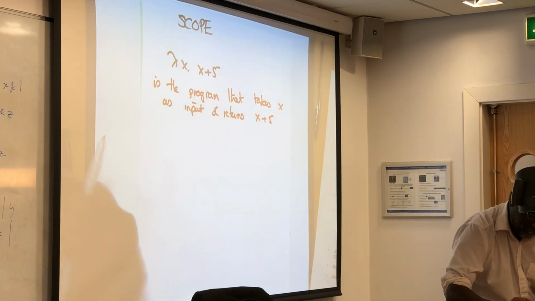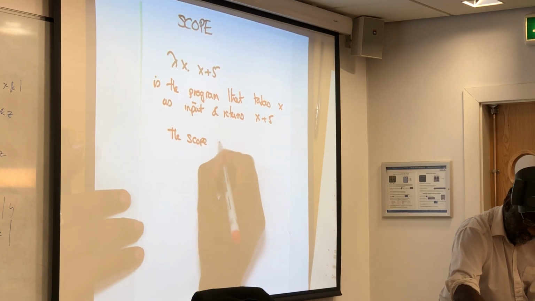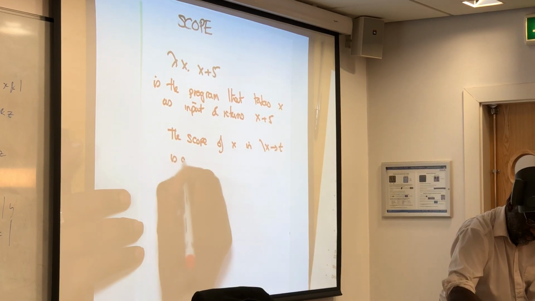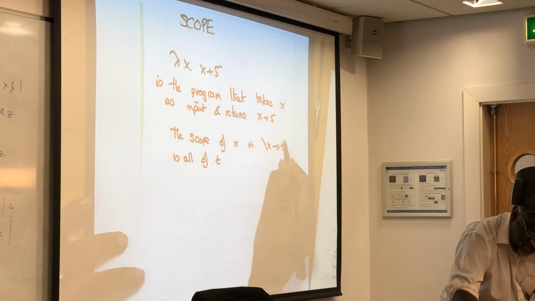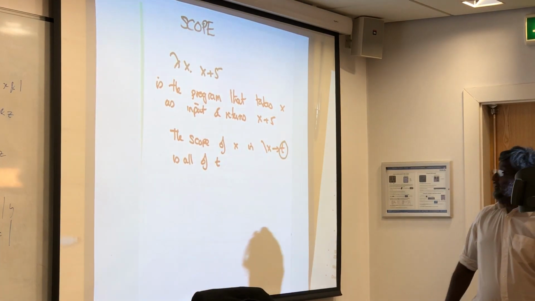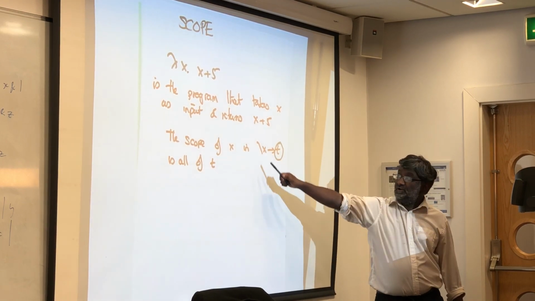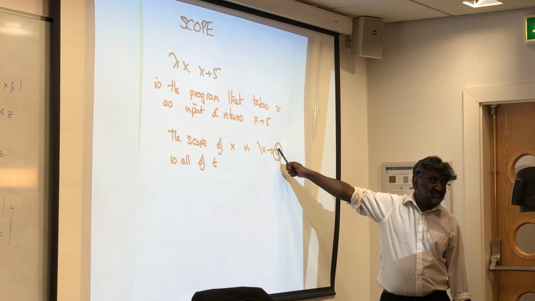So scope of x in, so that means inside here, all the occurrences of x inside here are this x. When we get an input for this x, it refers to every single x inside this t.